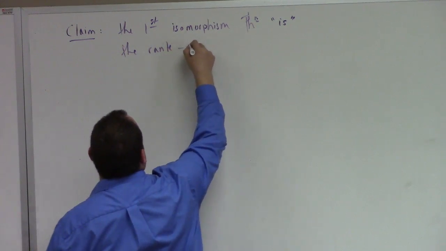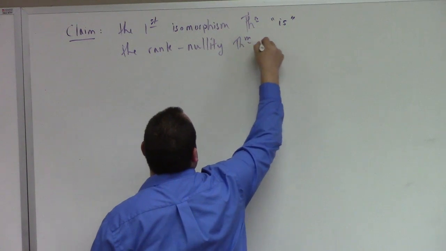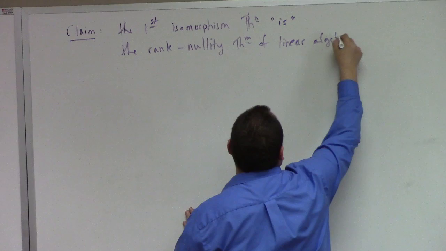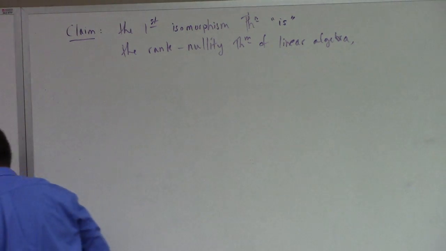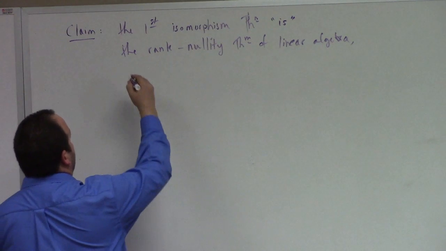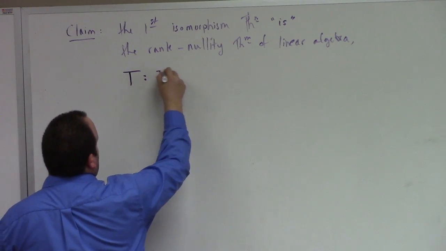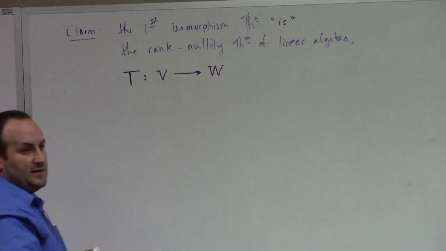First of all, what is the rank nullity theorem from linear algebra? Let me state it for linear transformations. There's a couple different forms of it, but if we have T, a linear transformation from vector space V to vector space W, then what does the rank nullity theorem say?